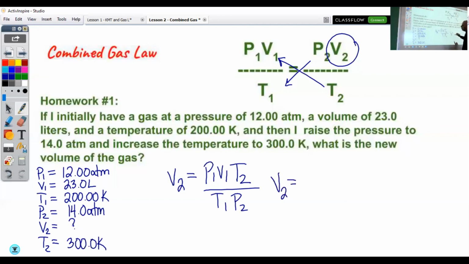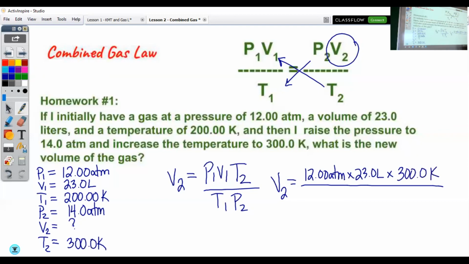So I have V2 equals 12.00 atm times 23.0 liters times, in this case, temperature 2, which is 300.0 Kelvin. On the bottom, I'm going to divide by temperature 1, which is 200.0 Kelvin, and pressure 2, which is 14.0 atm.